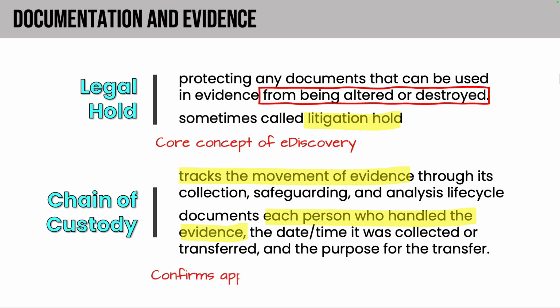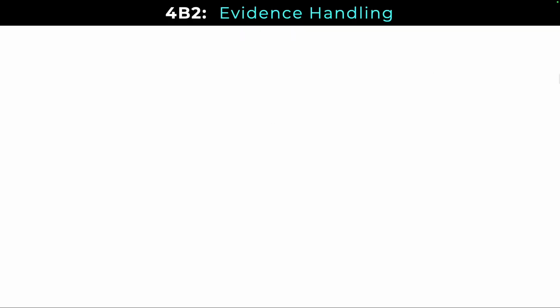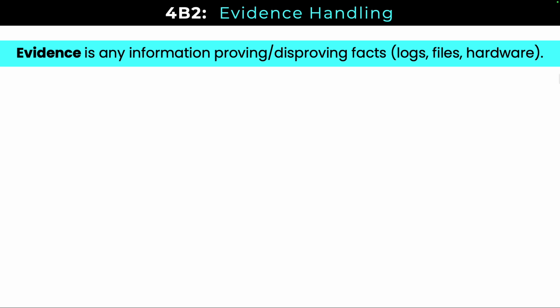It confirms appropriate collection, storage, and handling throughout its life from end to end to the day it is used in court. So evidence is any information that's proving or disproving facts. These can be logs, files, hardware, or any other variety of elements.